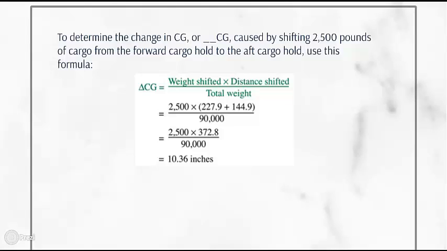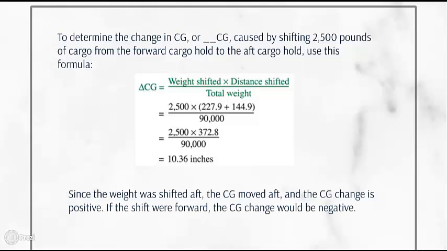It will be 2,500 times 372.8 divided by 90,000. The answer will be 10.36 inches. Since the weight was shifted aft, the CG moved aft and the CG change is positive. If the shift were forward, the CG change would be negative.